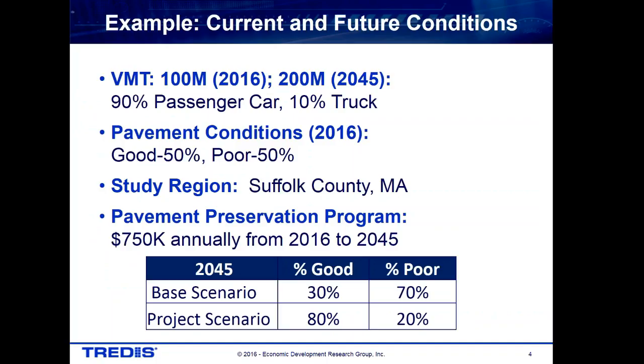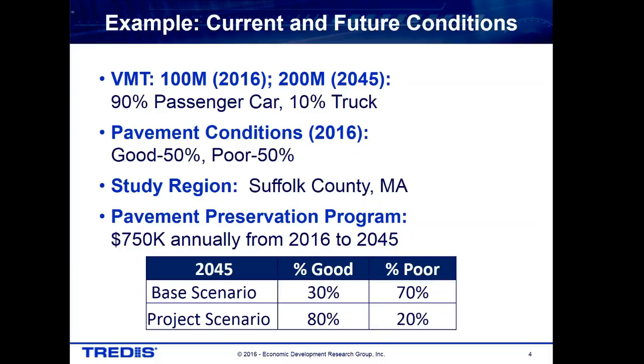So in the example that we've developed to highlight the features and capabilities in analyzing this program, I've developed the following scenario. We're assuming that this study region that we're evaluating is Suffolk County, which is a county here in Massachusetts.